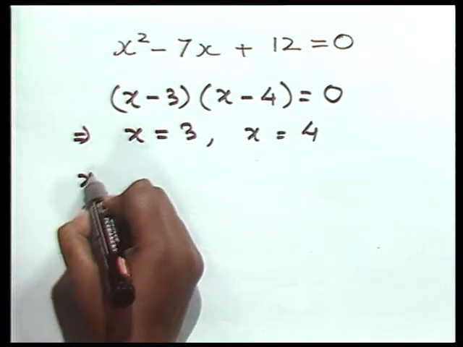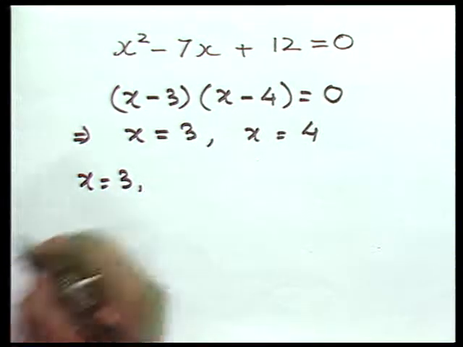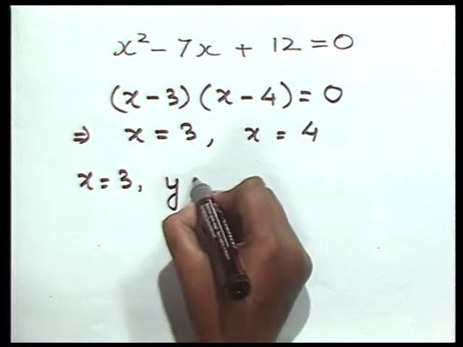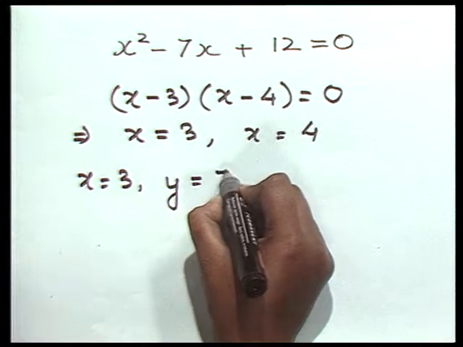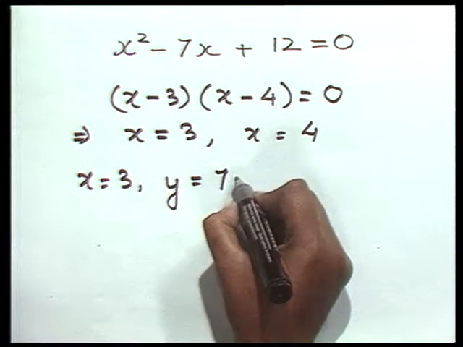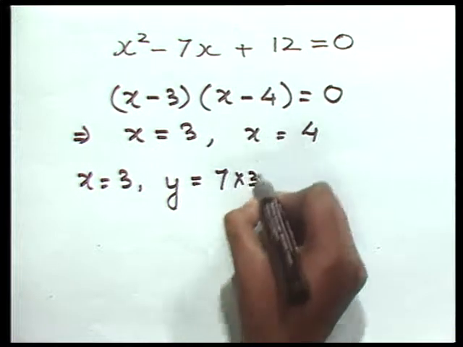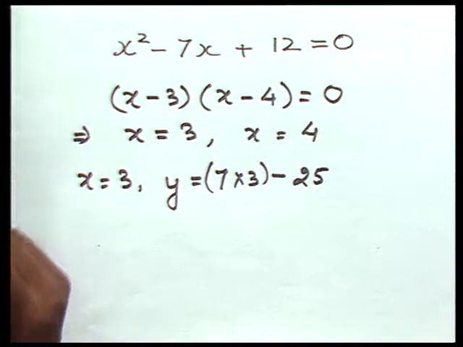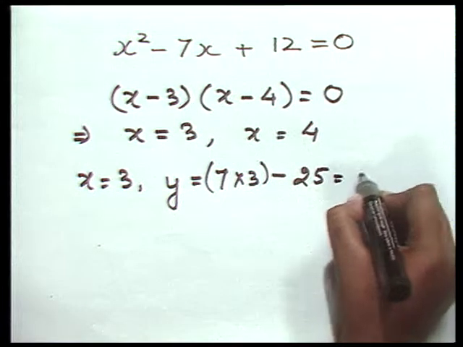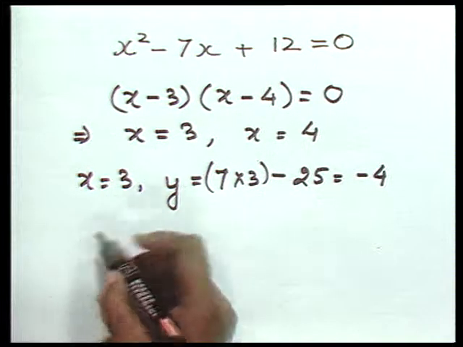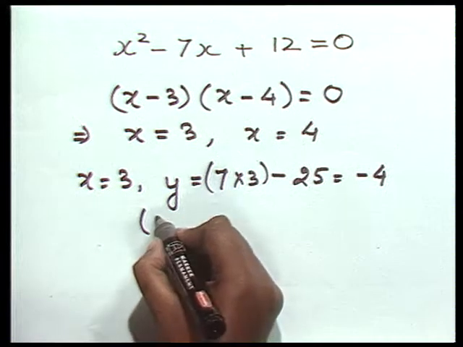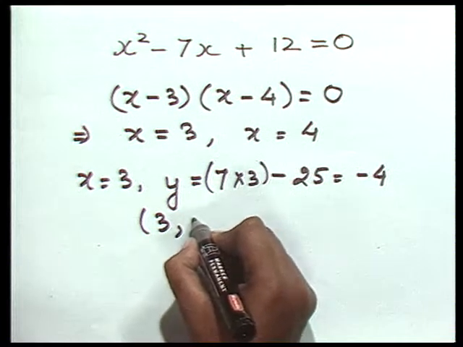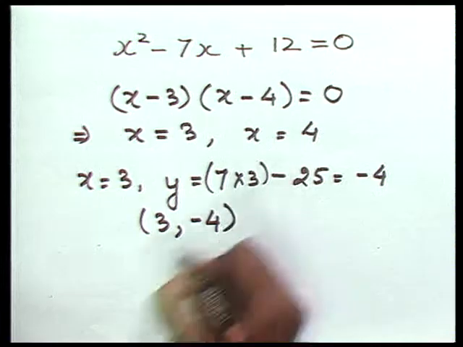Now, if x is equal to 3, then we get the value of y which was 7x minus 25. So, 7 into 3 minus 25 which is equal to minus 4. So, one point of intersection of the line and the circle is (3, minus 4).